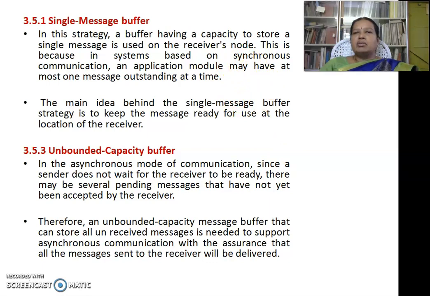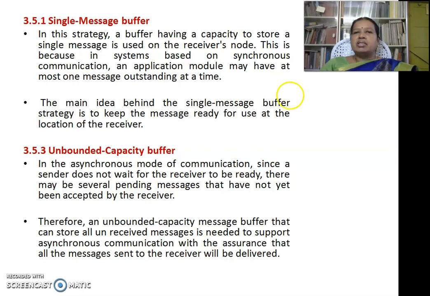Unbounded, as the name says, means it is infinite. We can store as many messages as possible, so we need not wait for the receiver to be ready. There may be several pending messages that have not yet been accepted by the receiver. Therefore, an unbounded capacity message buffer can store all unreceived messages.